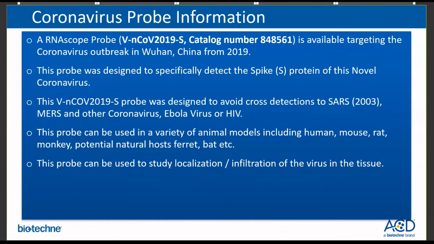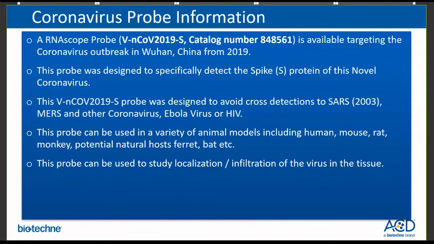Currently, we have probes that can be used in various animal models, such as human, mouse, rat, monkey, even ferret and bat. And lastly, the most common way this probe is being used is to study the localization and infiltration of the virus in tissues.